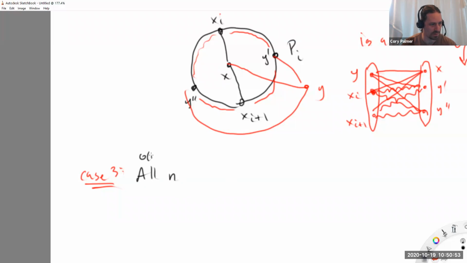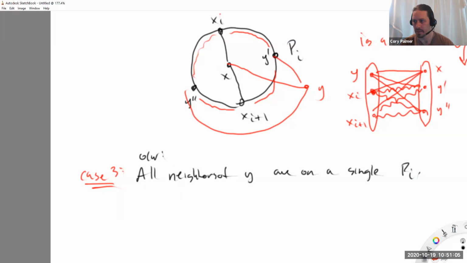So let's say otherwise. This means that all neighbors of Y are on a single pizza slice PI. Okay? Let's just convince ourselves real quick that that's true. If you have one on the interior of PI and one not on the interior of PI, then you're in case 2.